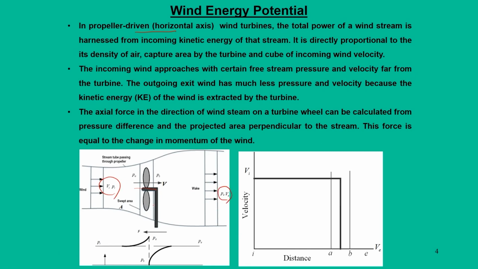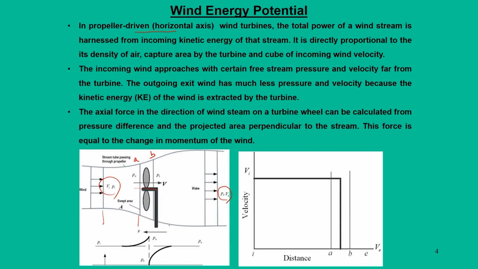Through this process we apply Bernoulli's equation at two locations, that is at the free stream and at the location at which the turbine is mounted, between A and B. So, Bernoulli's equation is applied between I and A, and further between B and E.